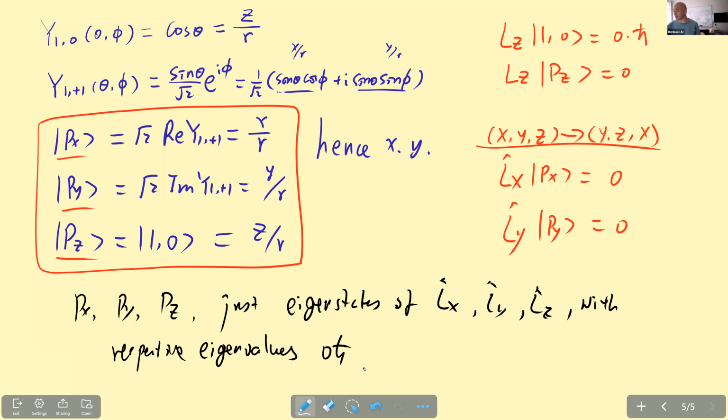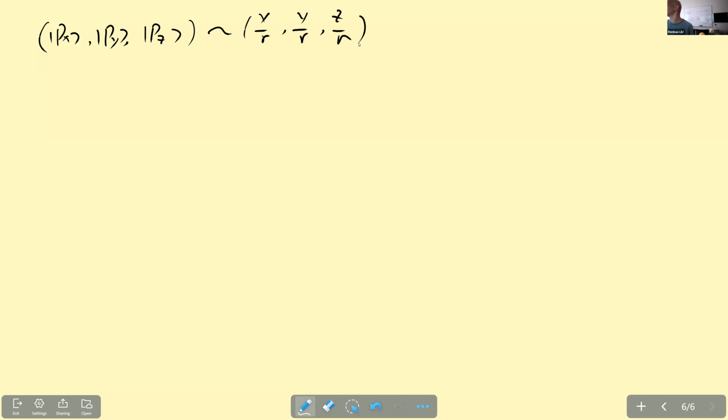And if you look at this one, there are just 3 components, x, y, z, right? Okay, so if you write down this as 3 components, say Px states, Py states, Pz states, this one is just proportional to x of r, y of r, z of r. They're just like a vector. So 3 components.